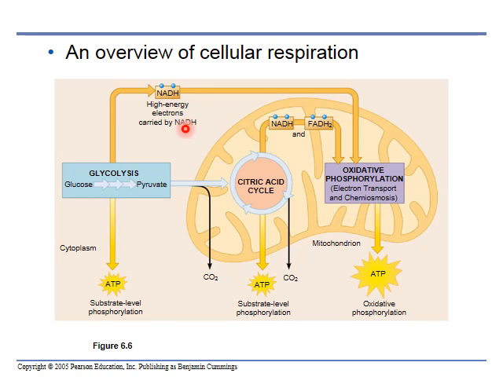It's high energy electrons carried by NADH. These can go to the electron transport chain. The pyruvate is going to get broken down in the citric acid cycle. It's going to release a small amount of ATP. It's also going to release some NADH.